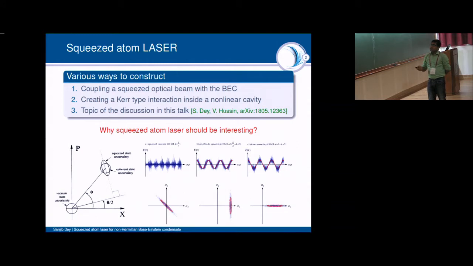But most importantly, squeezed atoms or squeezed beams are used in quantum information theory, which I think is the most important application. Obviously, squeezed atom lasers would have similar advantages over the usual atom laser.